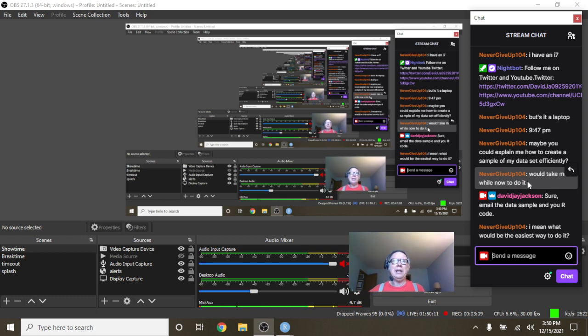And one thing they talk about is how to create a test set. You normally divide your data into two parts, your test set and your training set. So you use the one set to train your model, for instance, and then when you think you got the model right, you test it on the test data set.